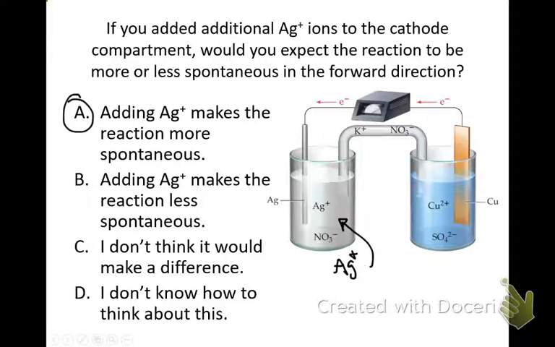So we're adding a reactant, which means we're even further away from equilibrium. So we have even more potential energy to proceed toward equilibrium. You can also start to see the connection to Le Chatelier's principle here. If we have more reactants, then the reaction even more wants to go to make products.